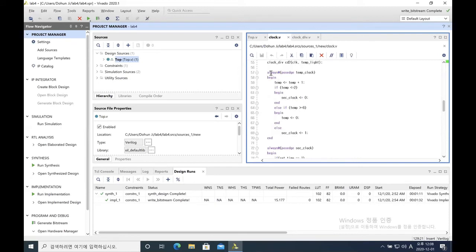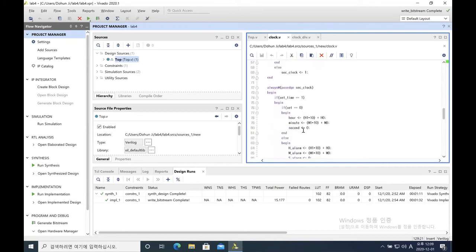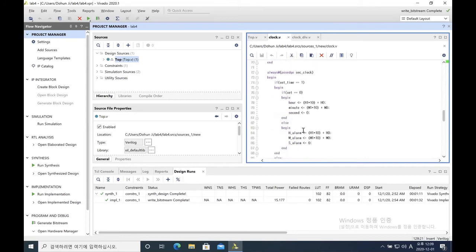We observed that the clock that we divided in the previous module was actually faster than we expected. So again, we tried to adjust the clock by slowing the speed to 1/3 of it. Then we moved on to basically functioning the clock itself.